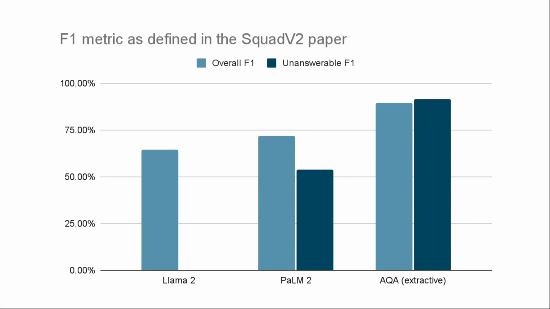And as a result of being able to say that I don't know to questions it cannot answer, the overall F1 score is also much higher than a general purpose model. Okay, so this is the feature I really want to highlight, the AQA model, because being able to say, I don't know, or to punt is really important.